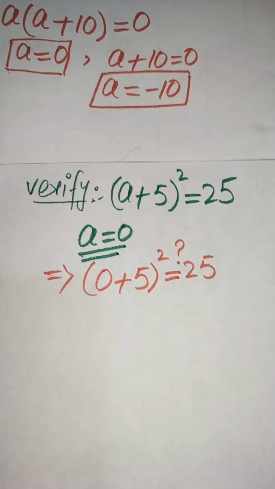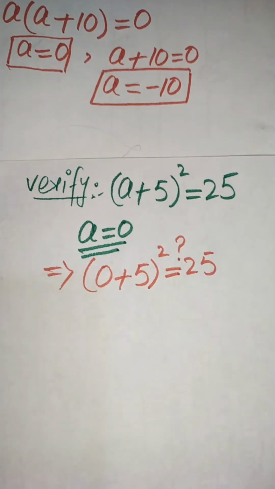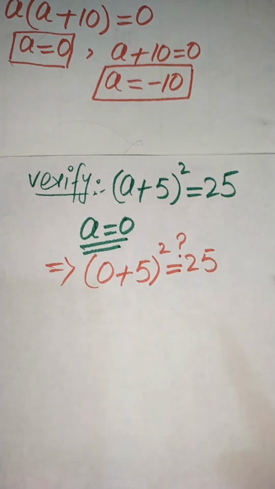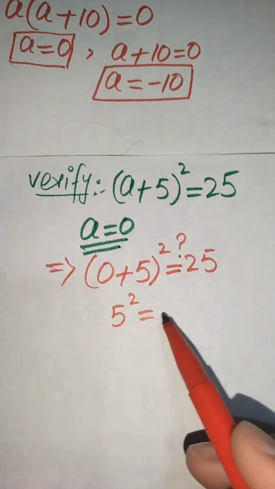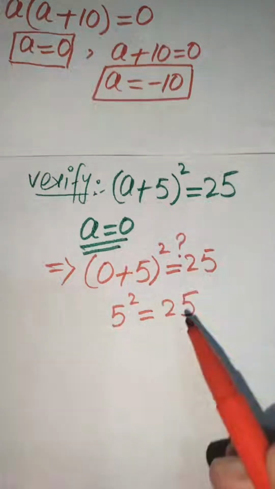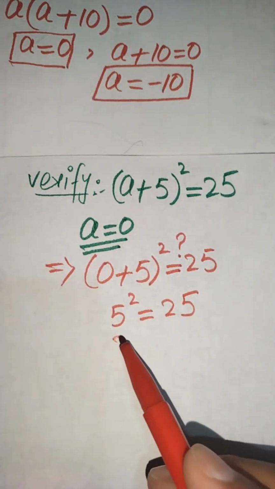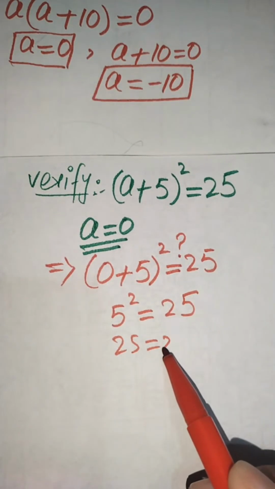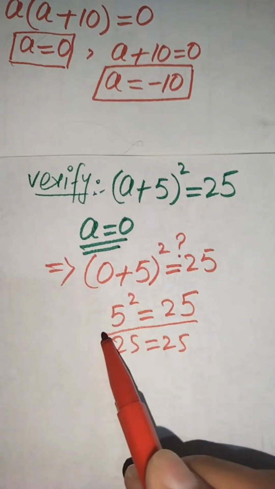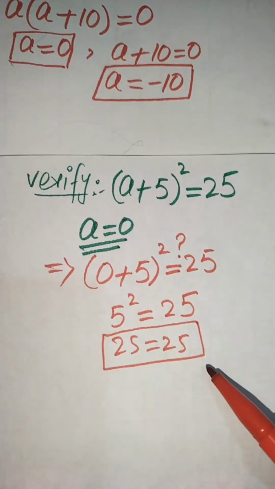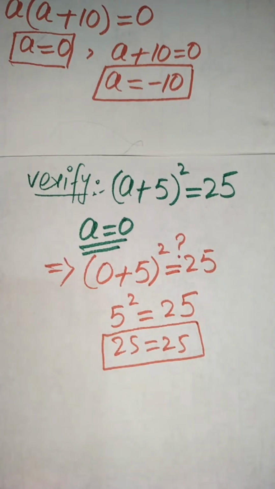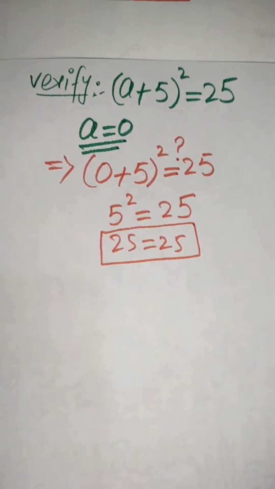So 0 plus 5 becomes 5 square, which is 25, and we found that 25 equals 25. This shows that a is equal to 0 satisfies our given question statement because both sides are equal in this case.